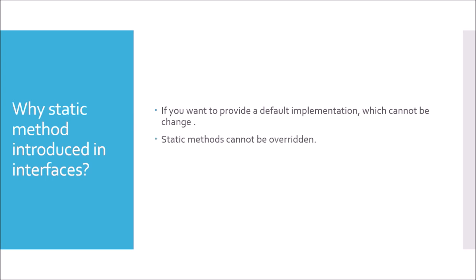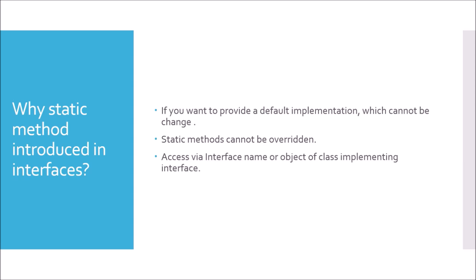So if you put a static method in interfaces, you can't override it in your implementing class. But you can access those static methods and utilize the default implementation provided, either using the interface name or using an object of the class that is implementing that interface.